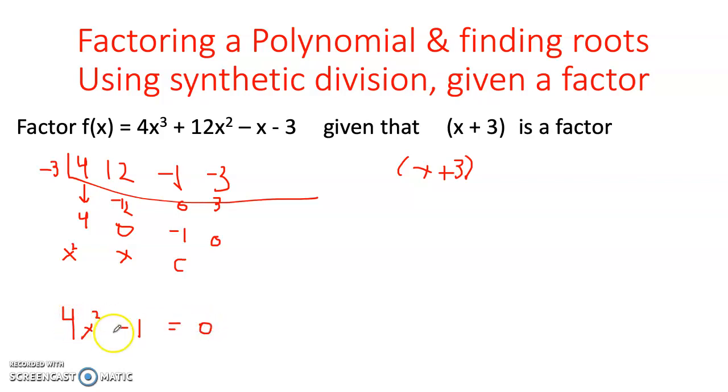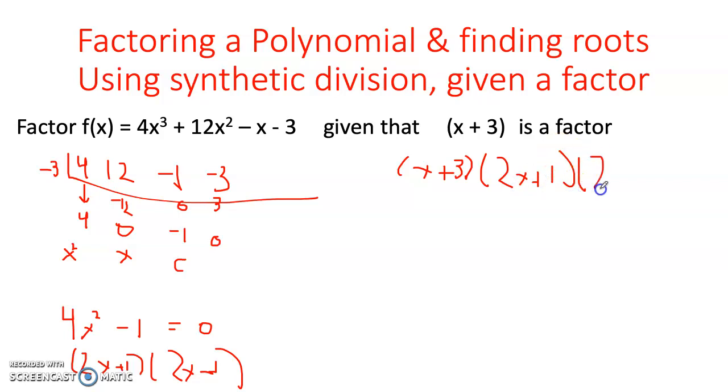Well, we have two terms here, and they're both perfect squares, so we could do difference of squares. So 2x plus 1 times 2x minus 1. And those are the factors we're going to include in our answer here. So we're going to have x plus 3 times 2x plus 1 and 2x minus 1.